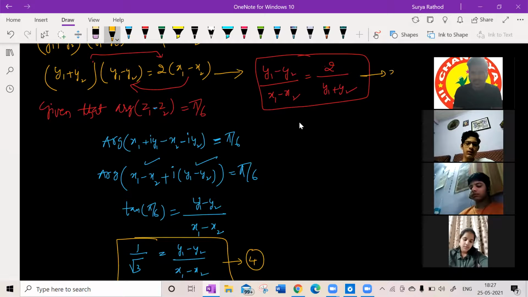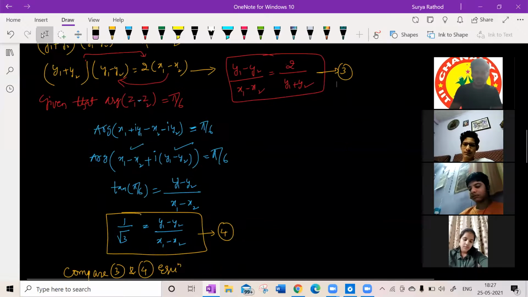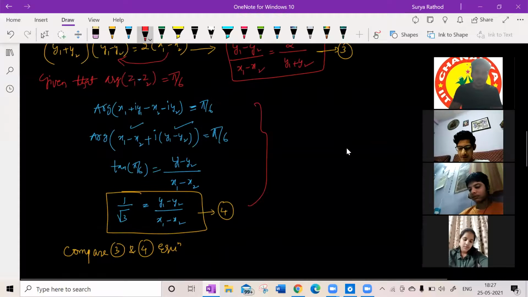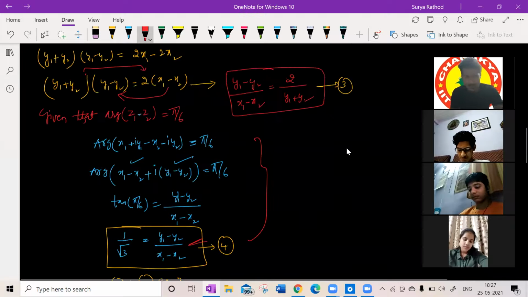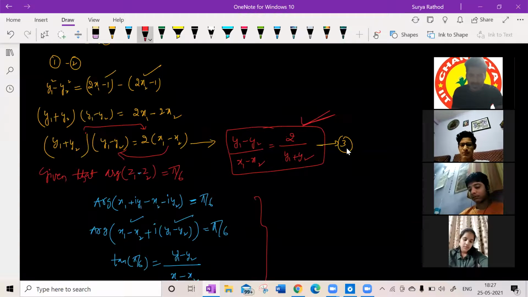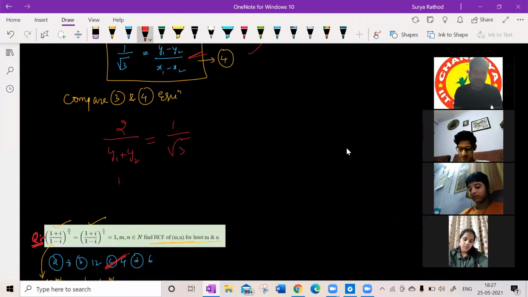Compare the third and fourth equations now. What am I going to get? 2 by y1 plus y2 is equal to 1 by root 3. Why? Because this one is equal to 2 by y1 plus y2, right? So we need to find y1 plus y2 here.